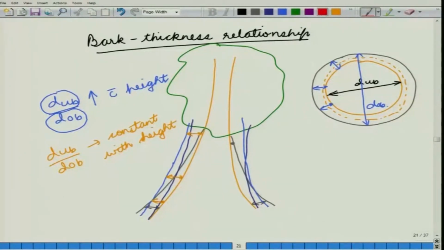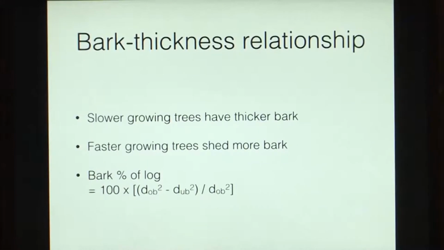In some species, this ratio DUB by DOB might decrease with height, which would mean that the bark volume percent increases with height. Now, it is known that slower growing trees have thicker barks, because the faster growing trees shed their bark as they grow up.